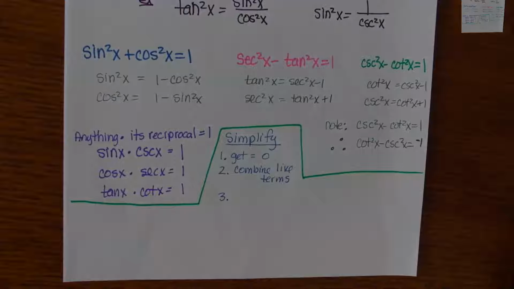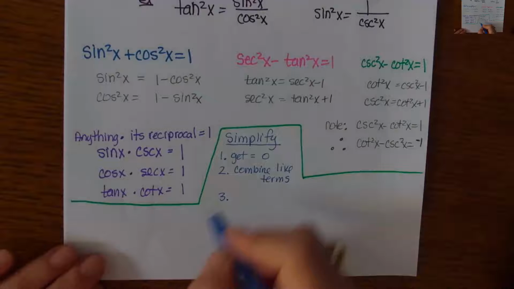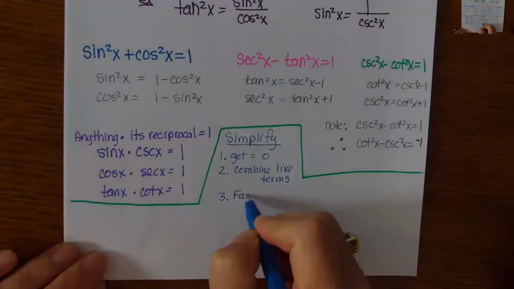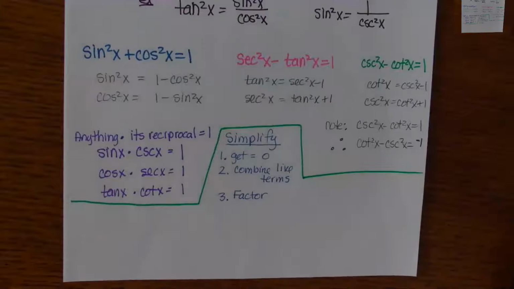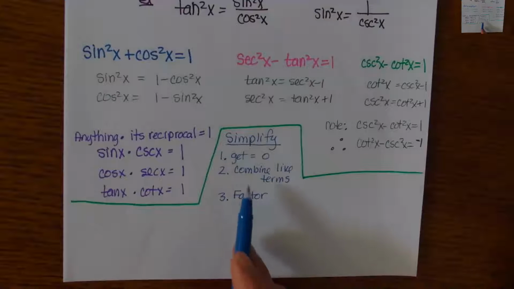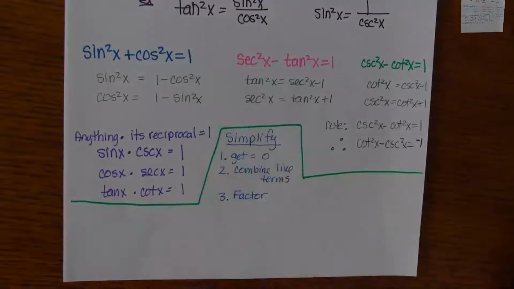Your favorite thing in the whole world starts with F, A, C, factor. So y'all know from algebra, when you have to solve equations, more than likely, you have to get it equal to 0, combine any like terms, like if you've got a 3x and a 4x, you make it 7x, and then we end up factoring.